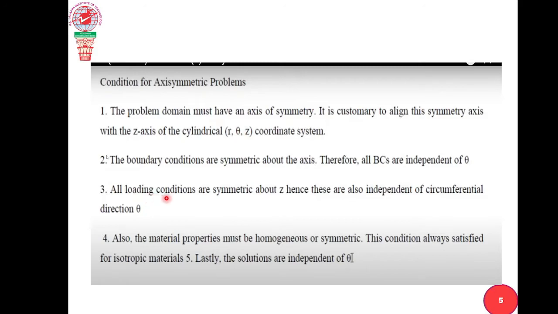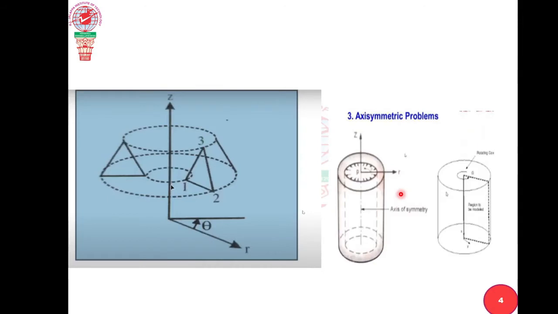All loading conditions are symmetric about z. Hence, these are also independent of the circumferential direction. That means the variables in the theta direction are treated as constant or neglected. That's why it becomes 2D analysis, not 3D. And one more very important thing: the axes are r, theta, z.